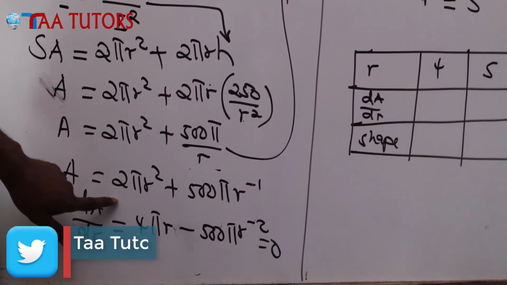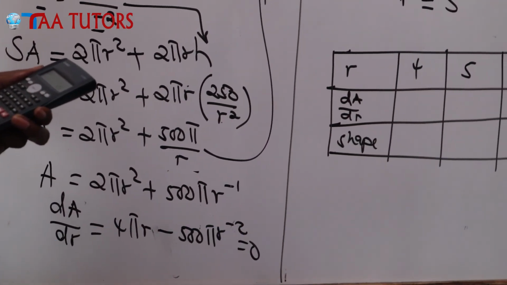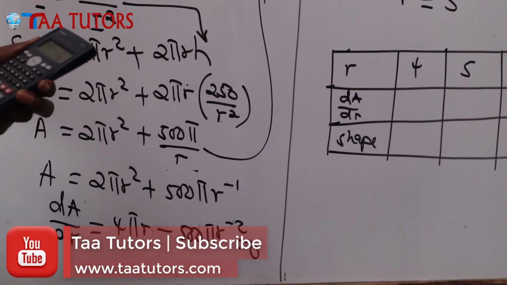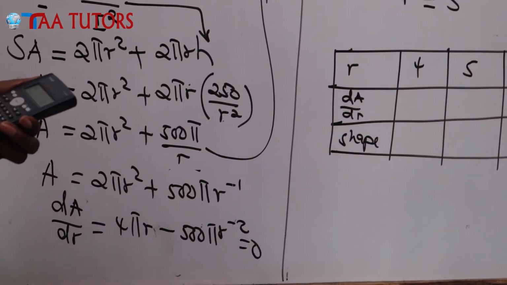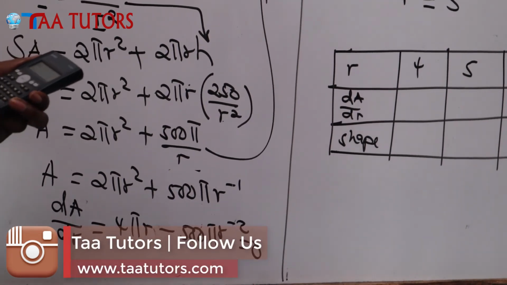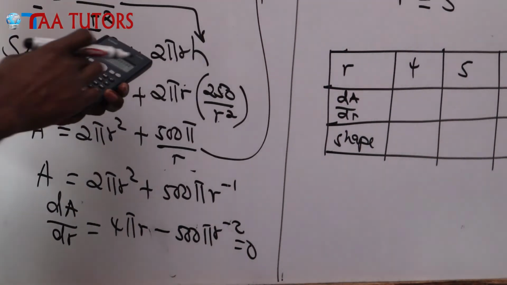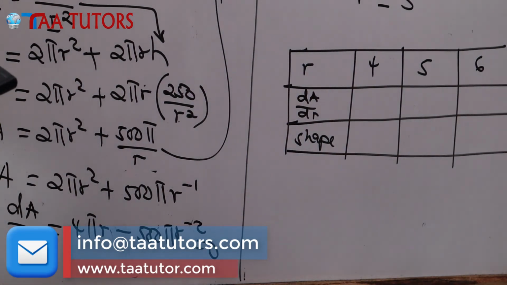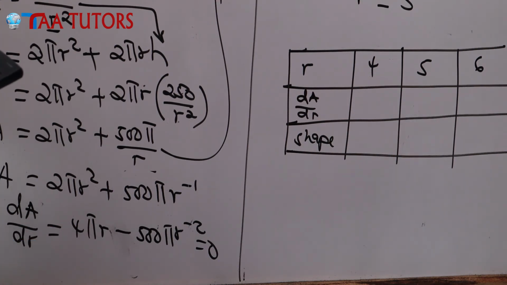So that is 4 pi times r, and our r is 4, minus 500 pi times r, which is 4 to the power negative 2.